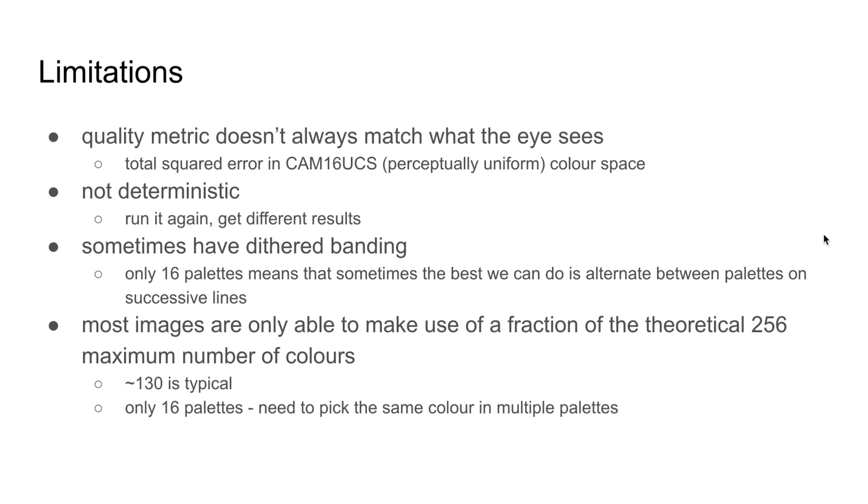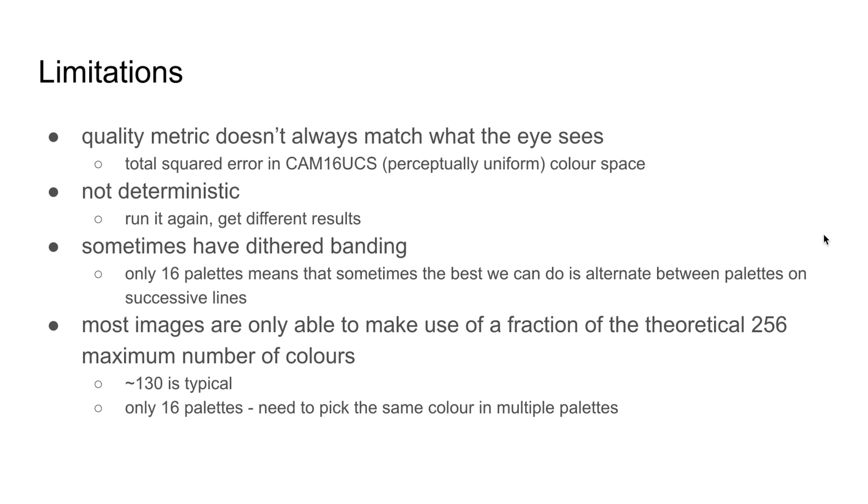We've seen some examples of the artifacting that can happen where we dither the palettes across successive lines, and this can sometimes be noticeable. One thing that you find in practice is that in most cases, the images aren't able to make use of the full 256 possible colors.